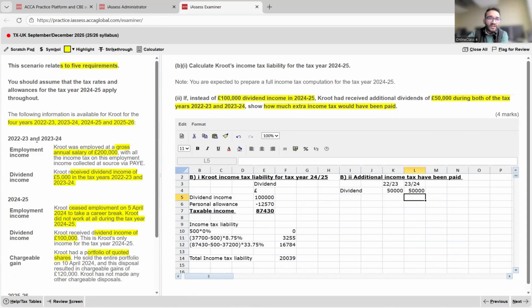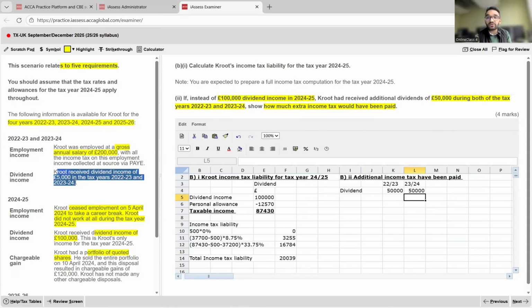In the last two tax years, he was already having a gross salary of 200,000. So it means he was an additional rate taxpayer. There is no personal allowance. Also, the 500 dividend nil rate band will be 0 as he was already receiving dividend in the previous 2 tax years as well, so he's already utilizing the dividend nil rate band of 500.